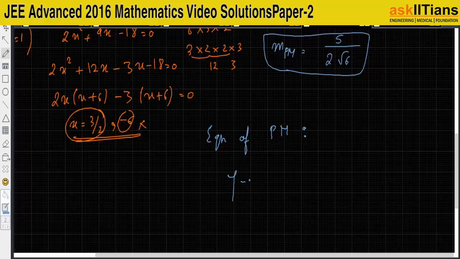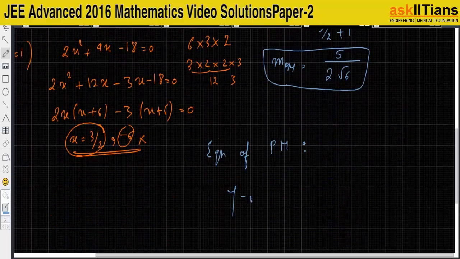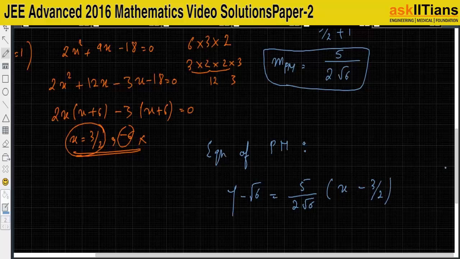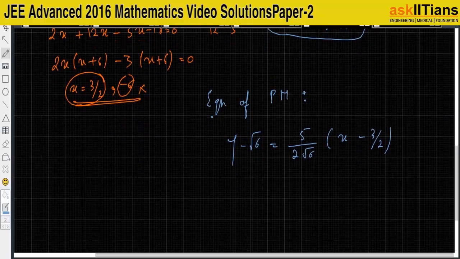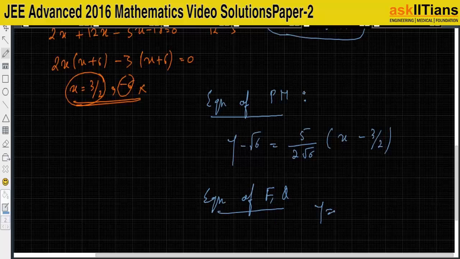This will be y minus y1, that is root 6, equal to slope into x minus x1. This is the equation of PM, which is the altitude from M, and I also know the equation of the altitude from F1, and the equation of the altitude from F1 is nothing but F1Q, and that is y equal to 0, that is nothing but the x-axis. So I need to solve these two and find the intersection point, that's it.